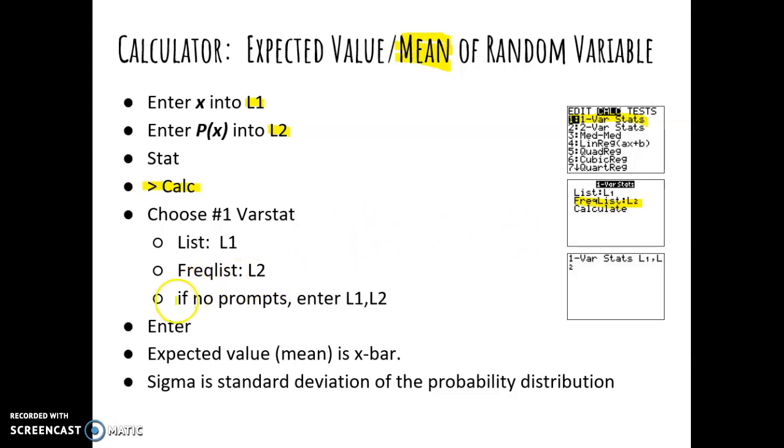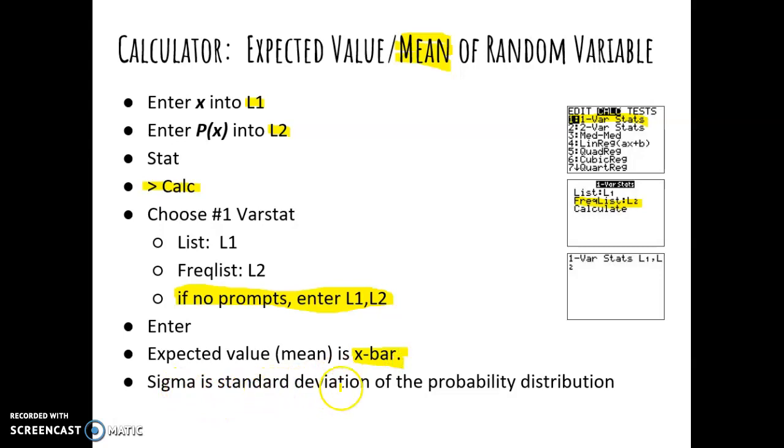If you have no prompts, which is the case for some of the older 84s and then definitely all of the 83s, you will type in stat calc var stats, and then you'll type in L1 comma L2. Then everybody will hit enter, and your expected value is your mean, which is the X bar.